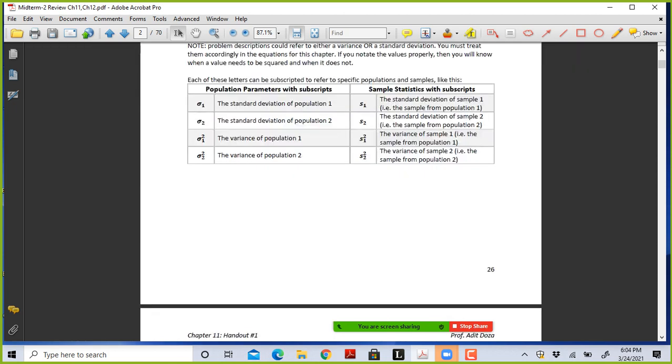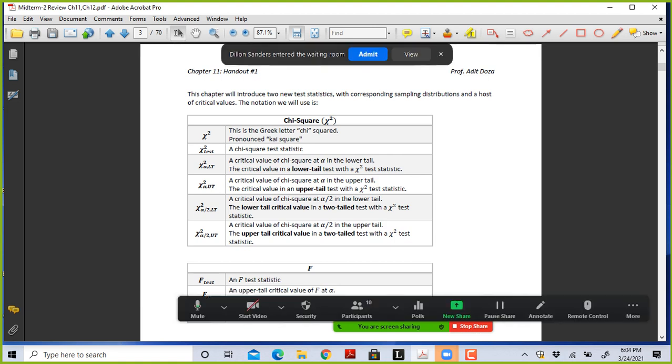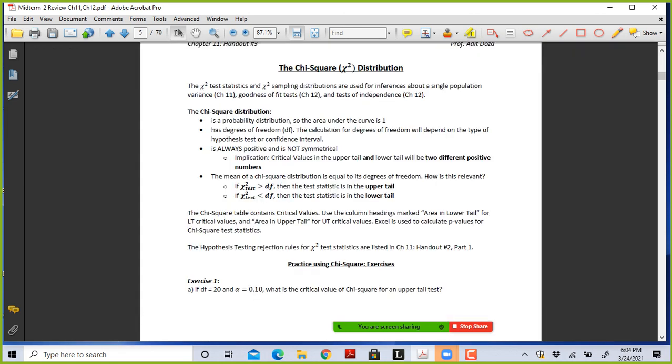So this shouldn't be too hard. It's pretty straightforward in that sense. We have covered it in our class. You also need to know the notation, what chi-square stands for, or for lower tail we write LT, upper tail UT, and so on and so forth. Again, you need to know when it is upper tail. When our chi-square test statistic is greater than the degrees of freedom, it's in the upper tail.